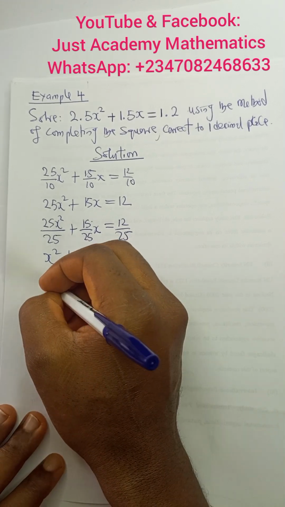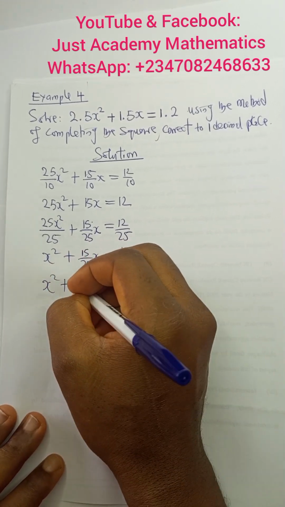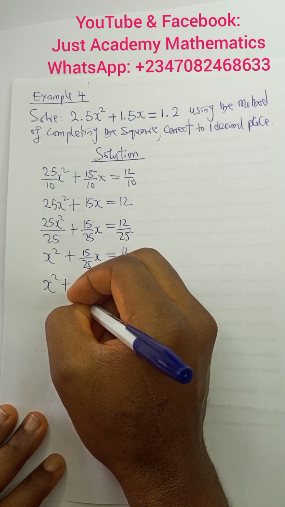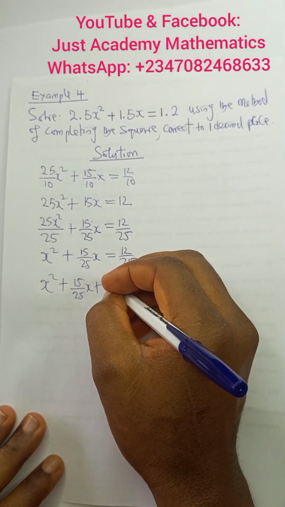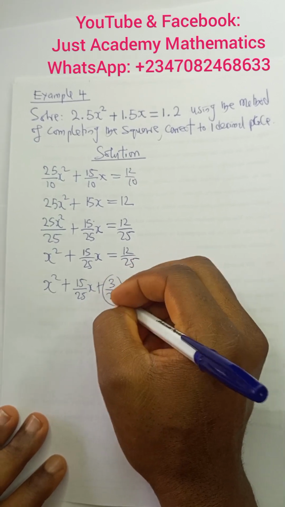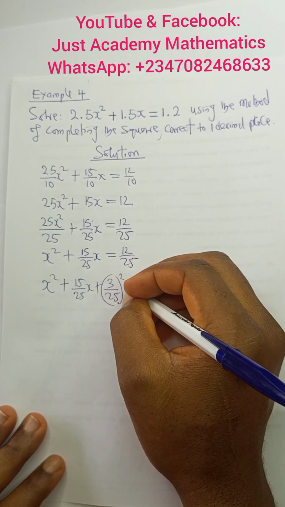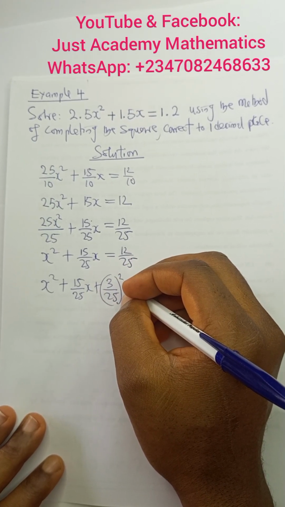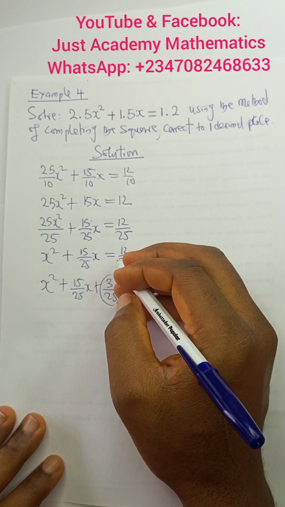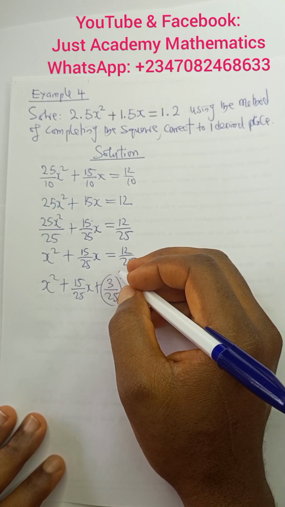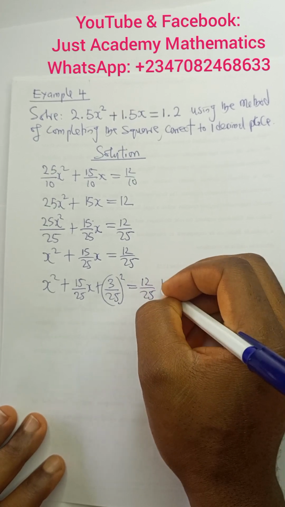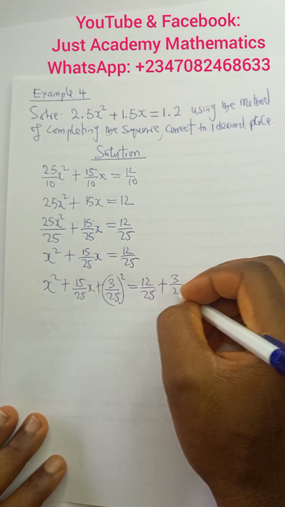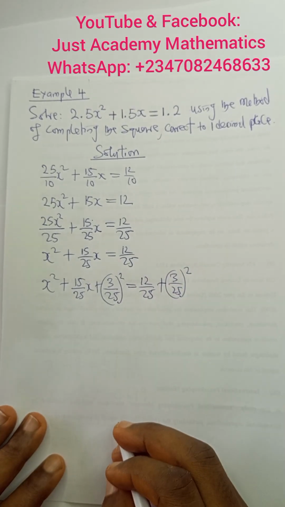So this is x squared plus 3 over 5x plus half of this, 3 over 10, then square, is equals to 12 over 25 plus 3 over 10 squared.